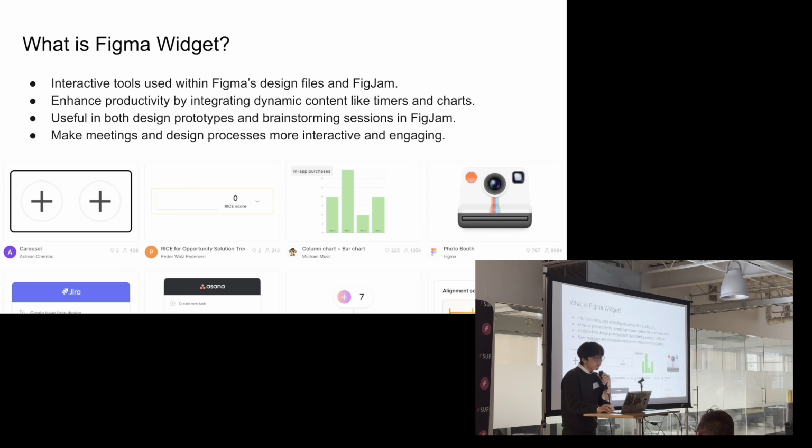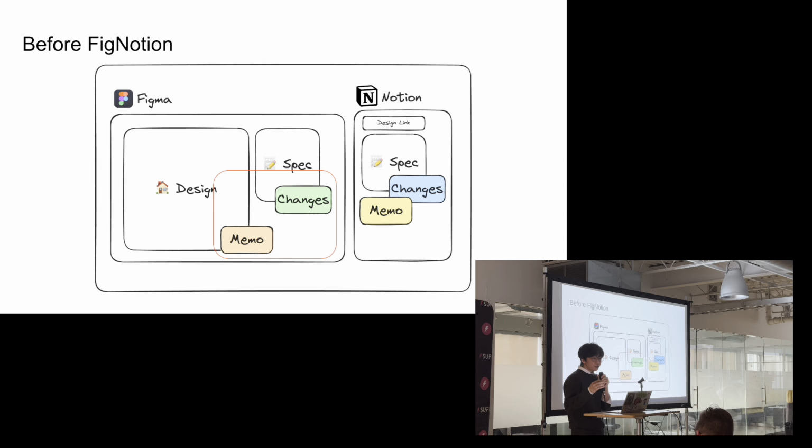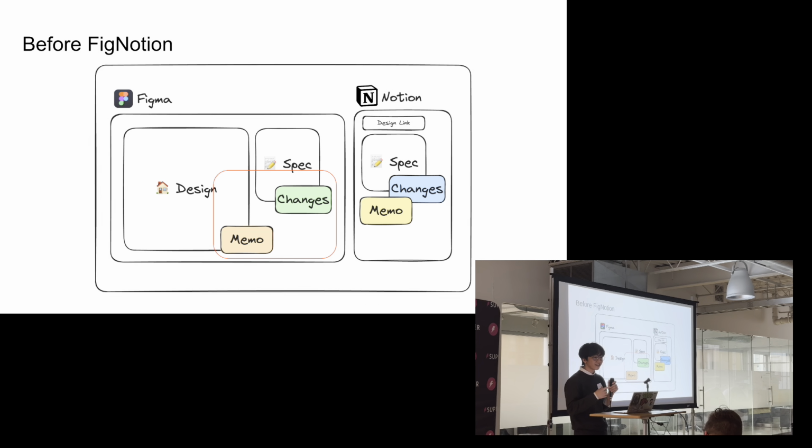Figma widgets are interactive tools available in Figma's design files and FigJam, their brainstorming platform. These widgets boost productivity by integrating dynamic content, such as timers, charts, and interactive polls into the design process. So, to clarify, what I wanted to create was something like this.